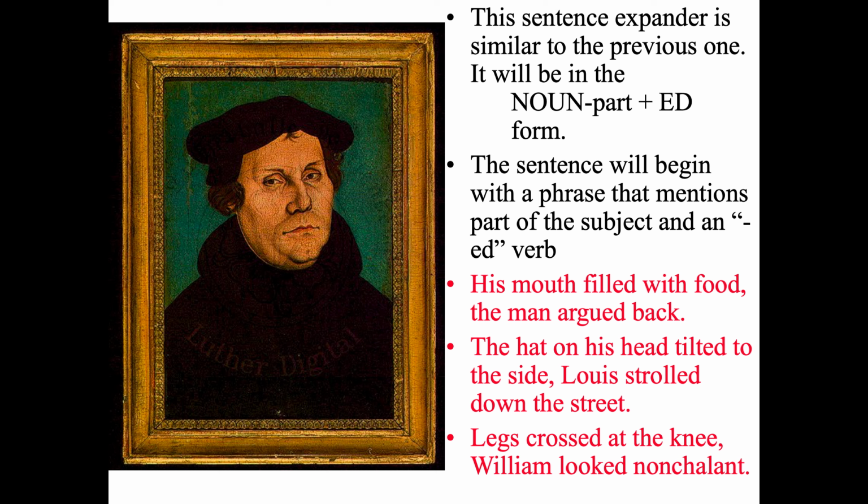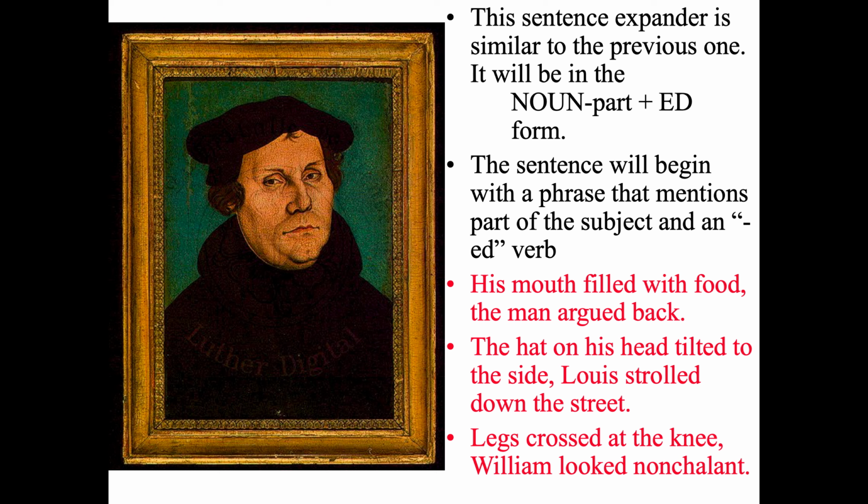So similar to the last one, we're going to take our boring sentence. We're going to pick out a piece of the subject. That's the noun part. And then we're going to add an ed verb. Okay. So the sentence will begin with a piece of the subject and then a verb that ends in ed.